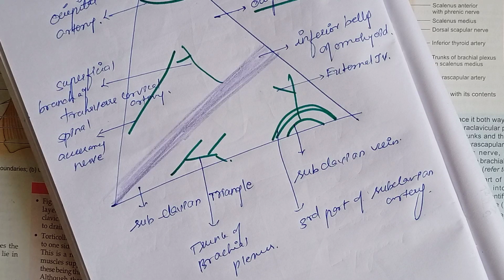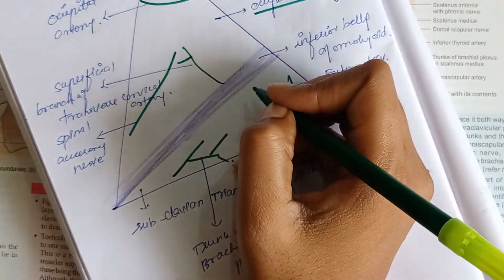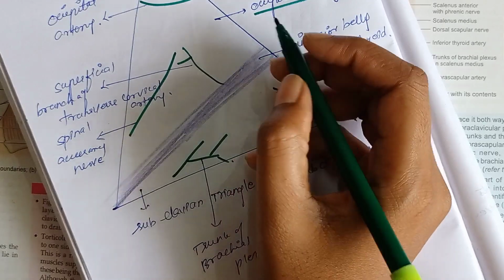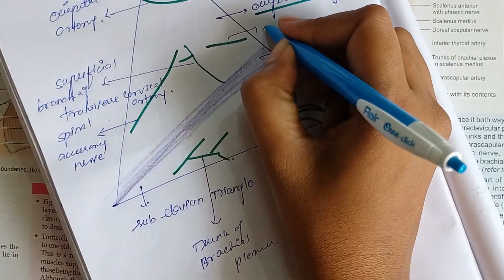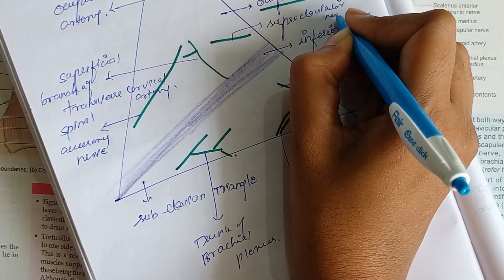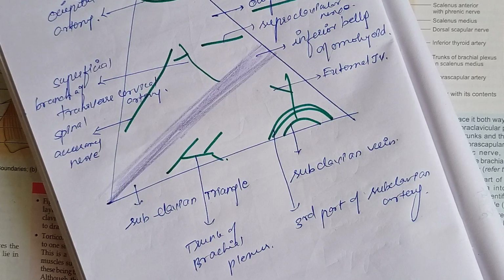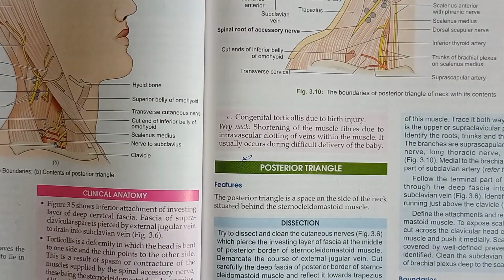One of the nerves present here is the supraclavicular nerve. These are all the structures present in both the upper and the lower triangles of the posterior triangle.